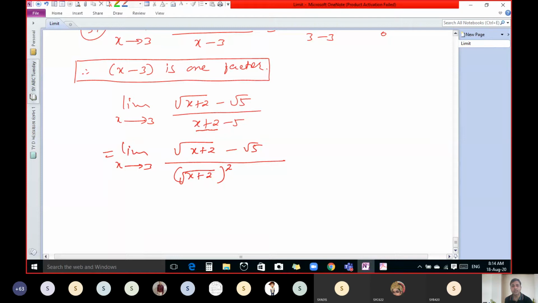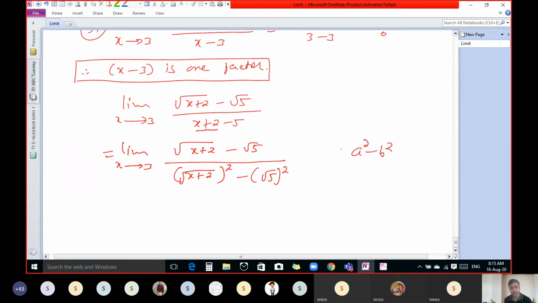So the square root and square will cancel and we get only x plus 2 minus 5. Instead of 5, you can write root 5 the whole square. That is possible.